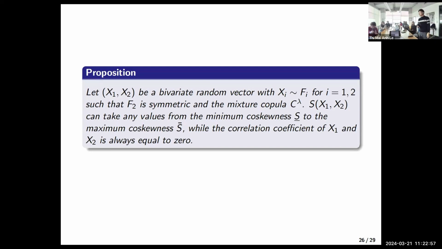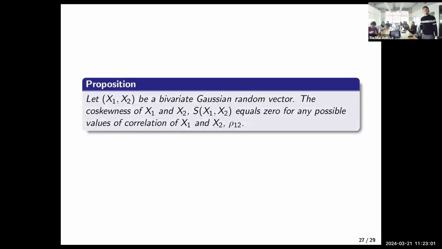This proves the first proposition. In contrast, if we use the bivariate Gaussian random vector, the coskewness of X1 and X2 equals 0 for any possible values of the correlation of X1 and X2.